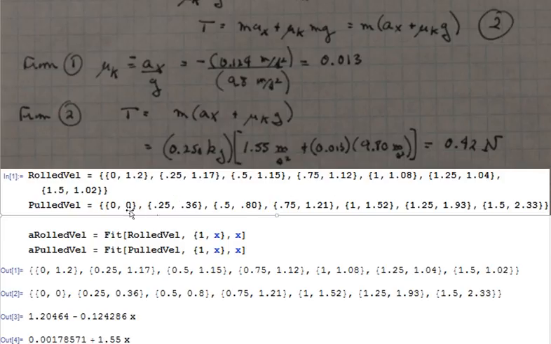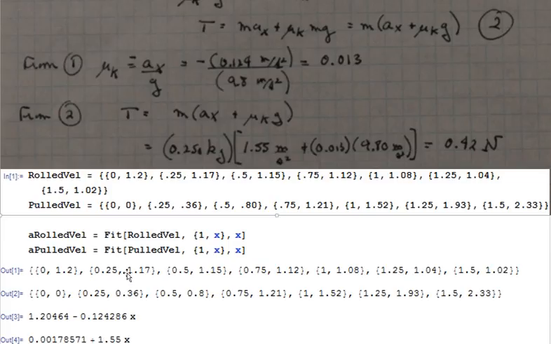The second data set is what happens in the speed up scenario when the tension is acting. I then asked Mathematica to tell me what the acceleration was for the roll velocity and for the pull velocity. That's what these two data sets were.